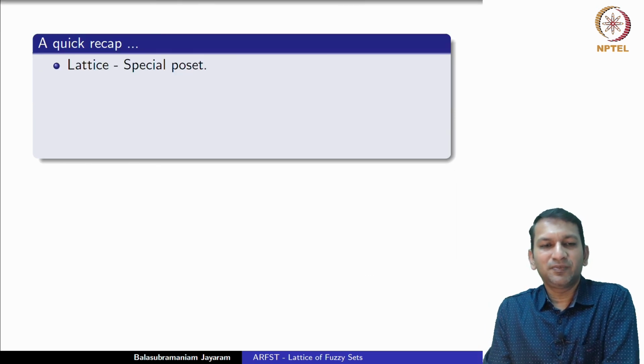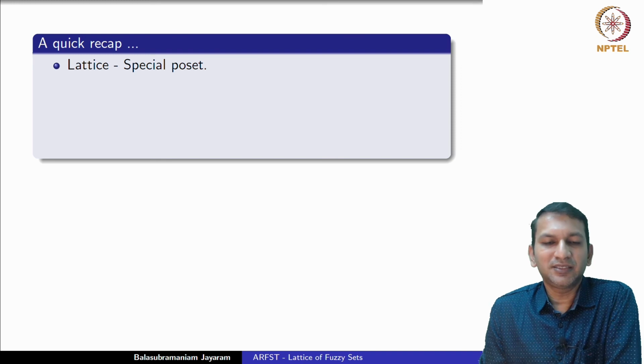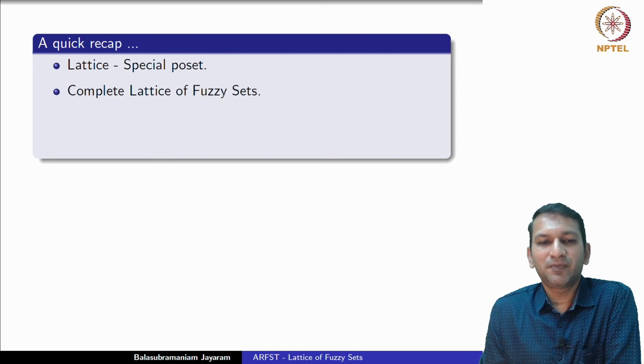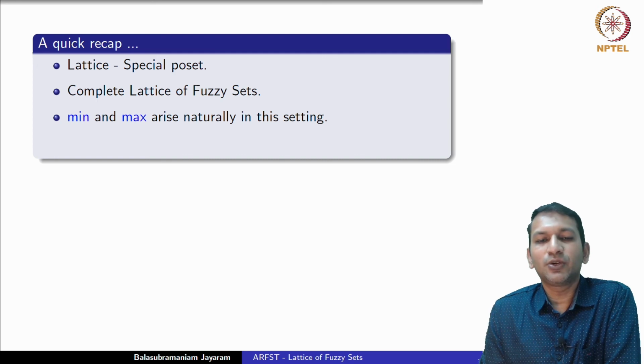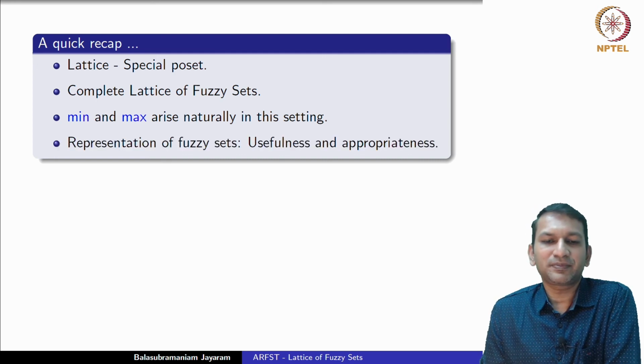In this lecture, we have seen lattices, which are a special type of poset. We have seen that the set of fuzzy sets can be given a lattice structure. In fact, they can be made a complete lattice. And also the fact that min and max, these operations, arise quite naturally in this setting. And the representation of fuzzy sets that we have chosen seems to be both useful and appropriate.